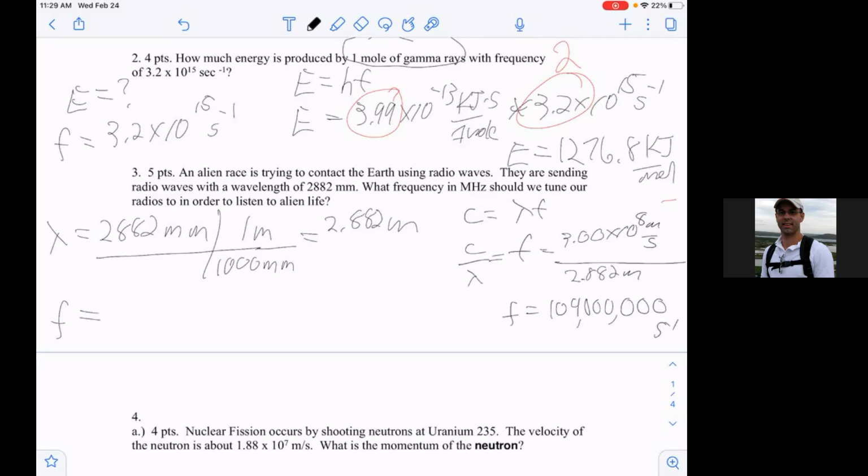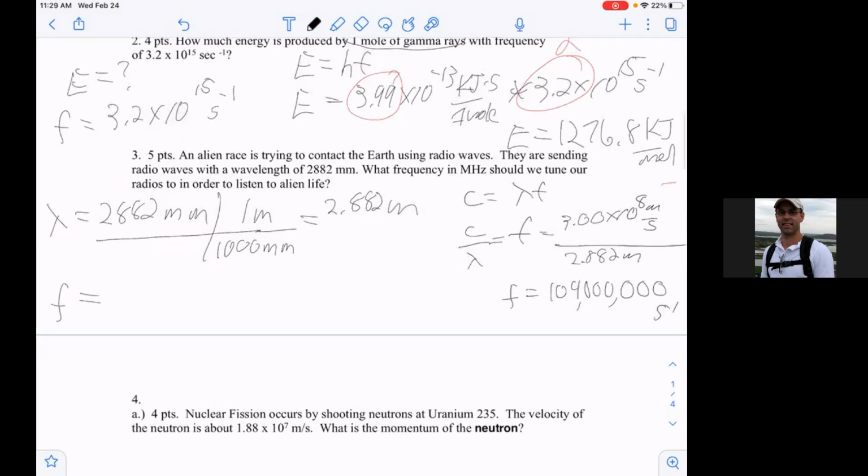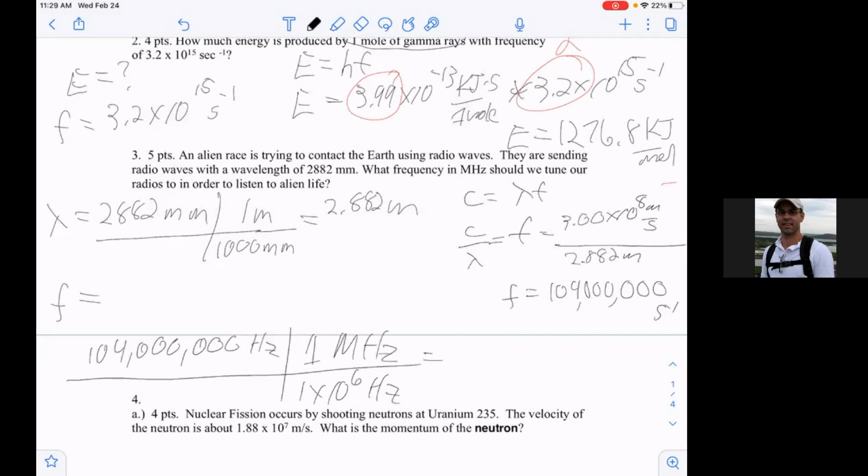Now I want this in megahertz. A mega is a million of anything. So I take my 104,000 hertz, because a hertz is the same thing as an inverse second. 1 times 10 to the 6 hertz is 1 megahertz. 104 megahertz is the answer.